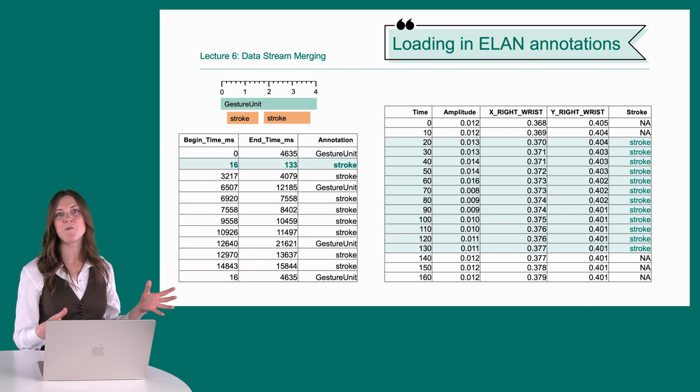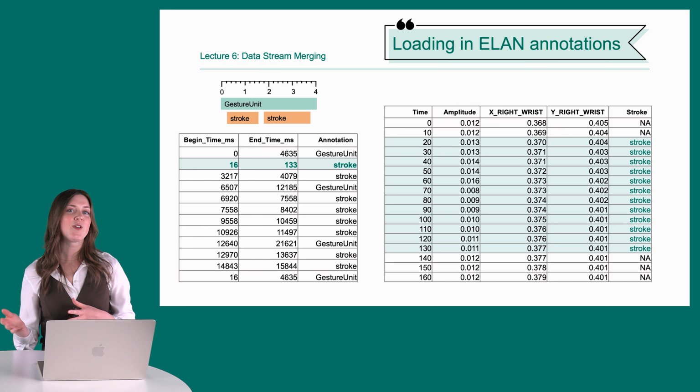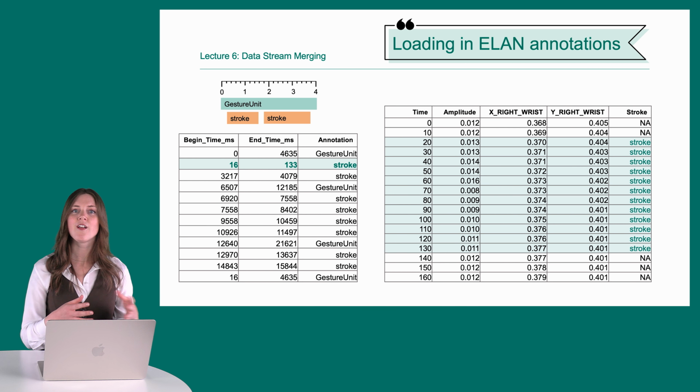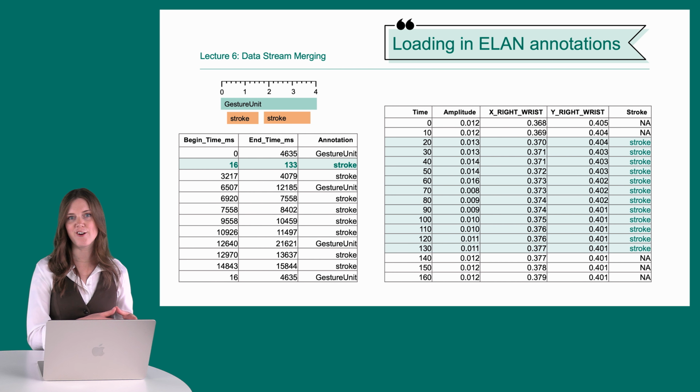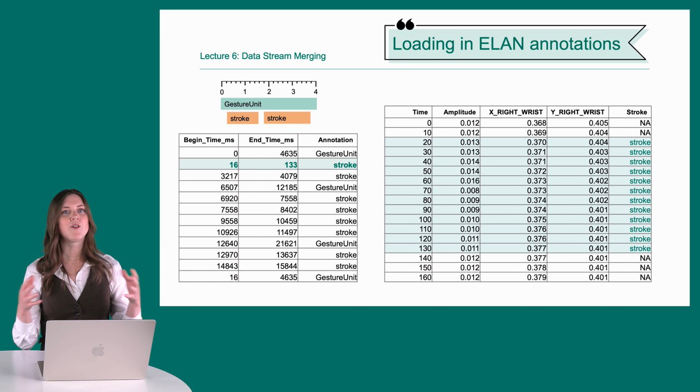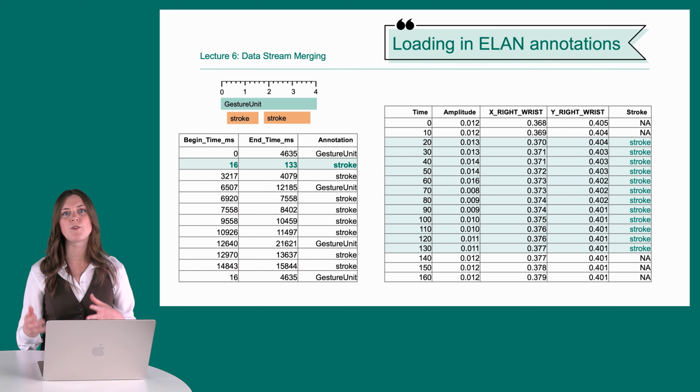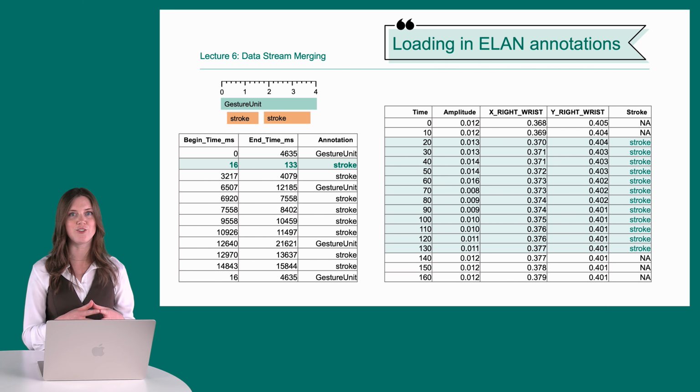This is the final form of our data set. Now that we know when gesture strokes occurred, we can analyze movement kinematics for gesture strokes in our data set. For example, we could calculate the maximum wrist velocity for a given gesture stroke.